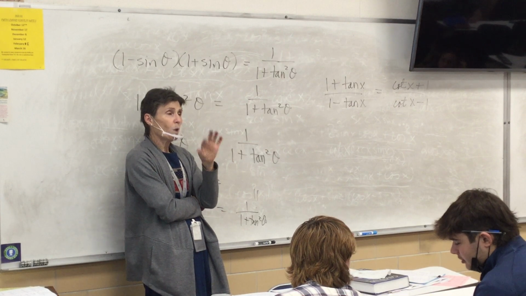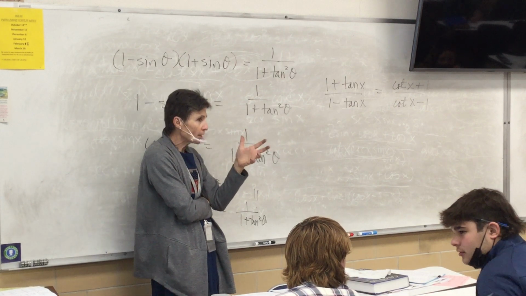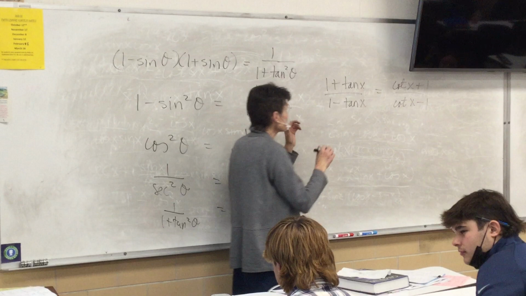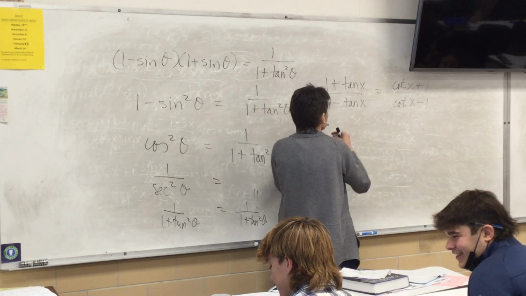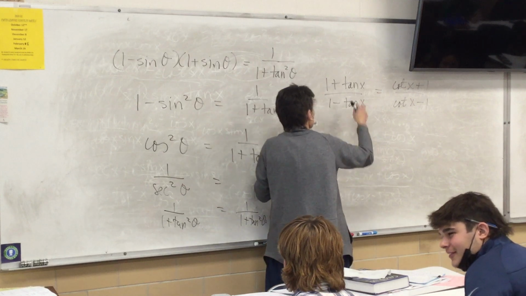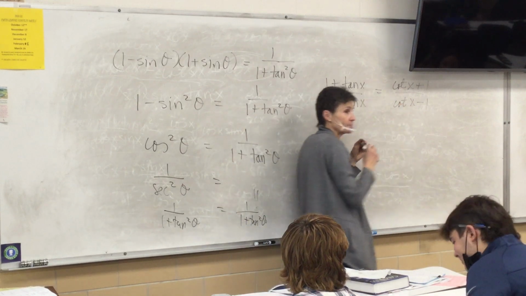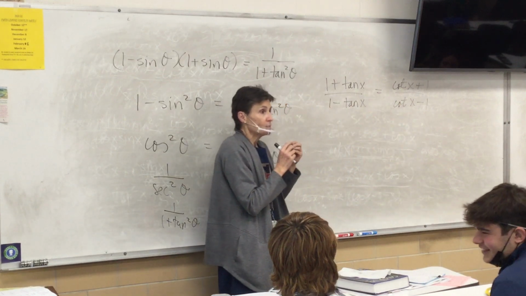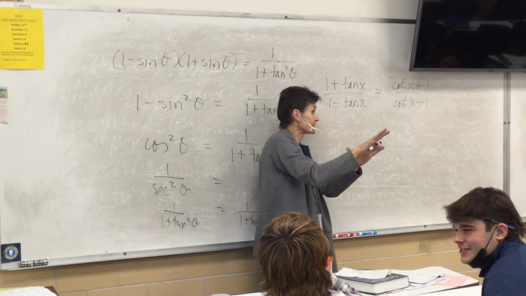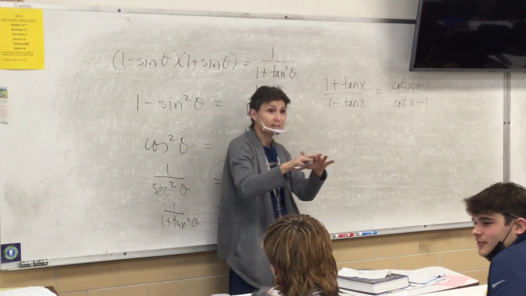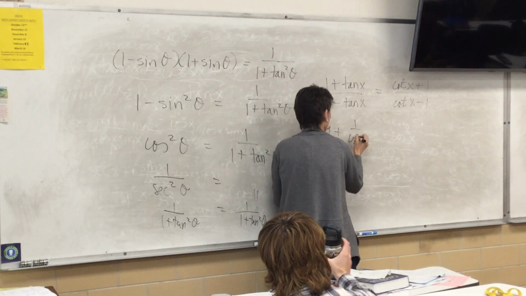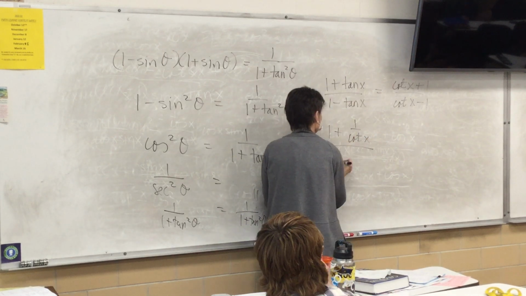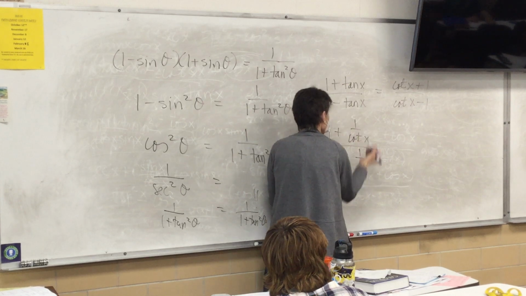But if you want to be a little bit more efficient about it, let's say I want to work over here. Is there a way to directly change tangents into cotangents? So without doing the intermediate step going to sines and cosines, we'll just go straight to tangent is 1 over cotangent on the top and the bottom.